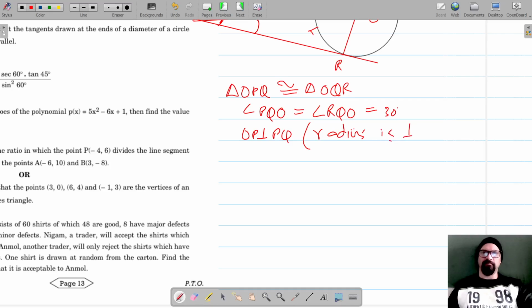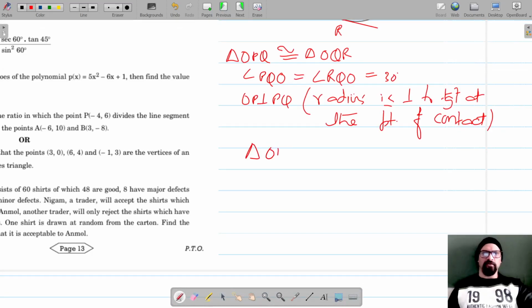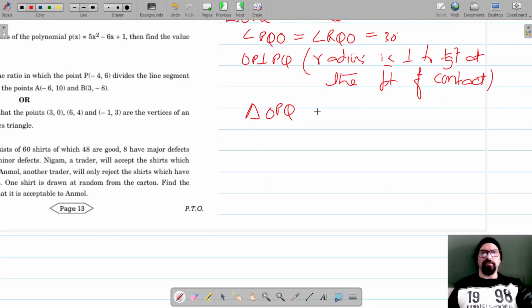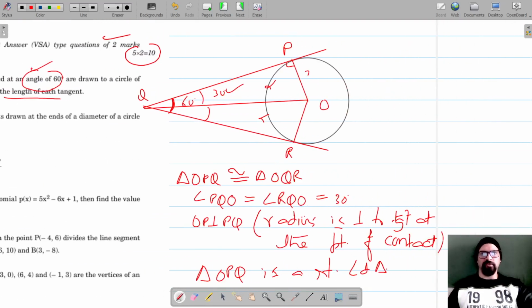So the radius is perpendicular to the tangent at the point of contact. That means triangle OPQ is a right angle triangle. The radius of the circle is given, which is 3 centimeter, and we have to find the length of PQ. For this angle, this is the perpendicular and this is the base.